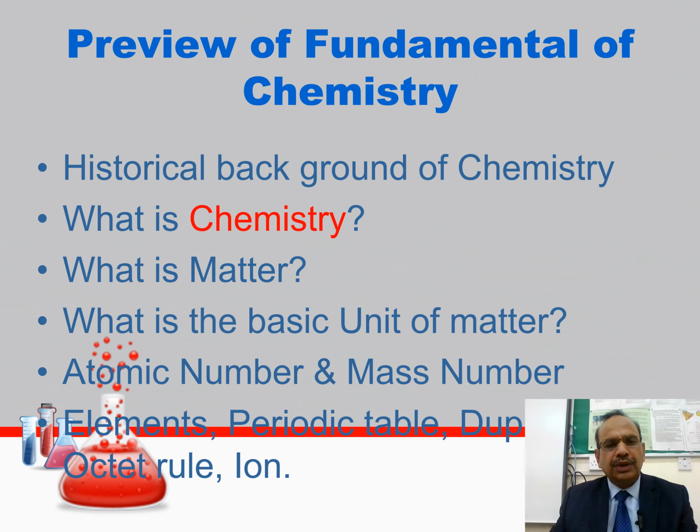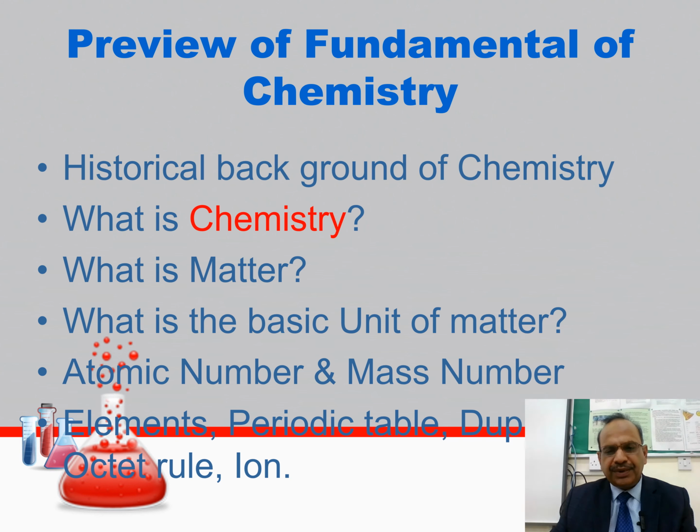First of all, I want to give you a preview of the last two lectures, which were on the same topic, fundamentals of chemistry. I explained the historical background of chemistry, the definition of chemistry, the definition of matter, and the basic unit of matter, that is the atom.